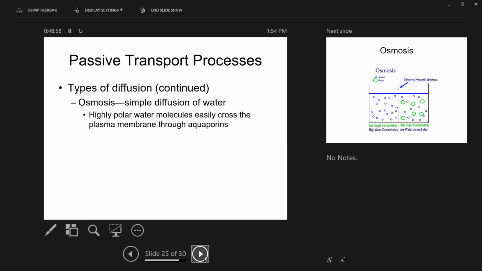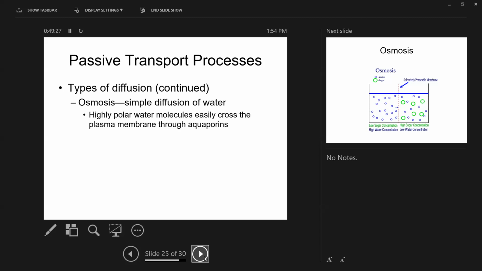Water won't come into the cell anywhere on its own, except through these special channels. We call them aquaporins. But in osmosis, the pressure to move water into a cell or out of a cell is based on the concentration of solutes in that water.